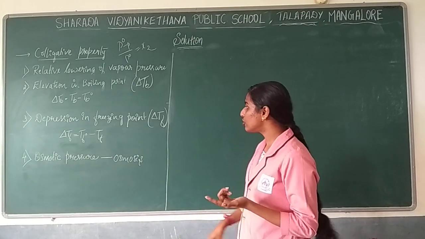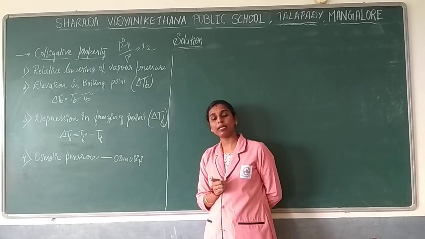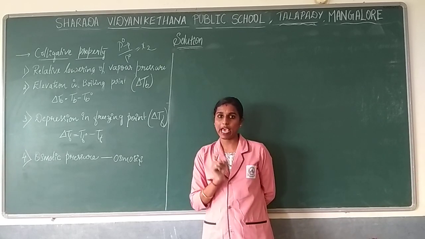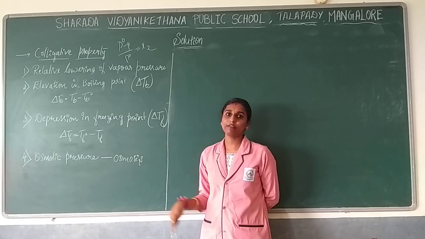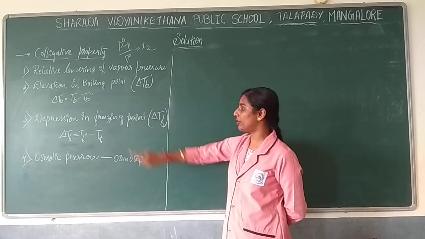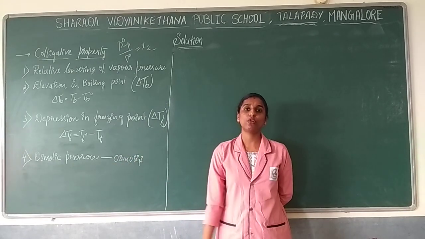Here also, when you related it with molality, you got to know that it goes with the cryoscopic constant Kf. By using that formula you can calculate the depression in freezing point. The next colligative property that you will be learning is osmotic pressure.